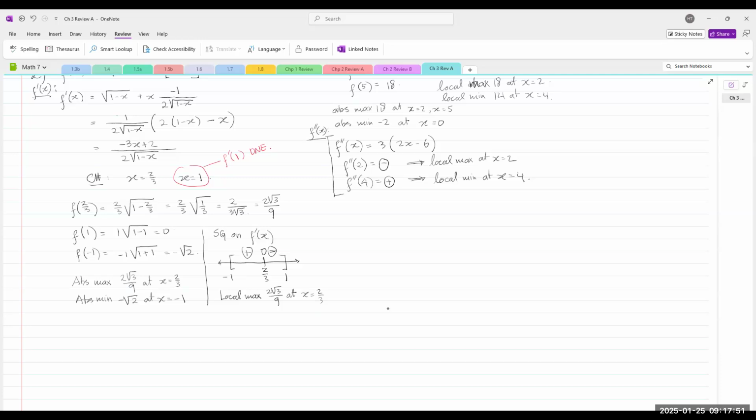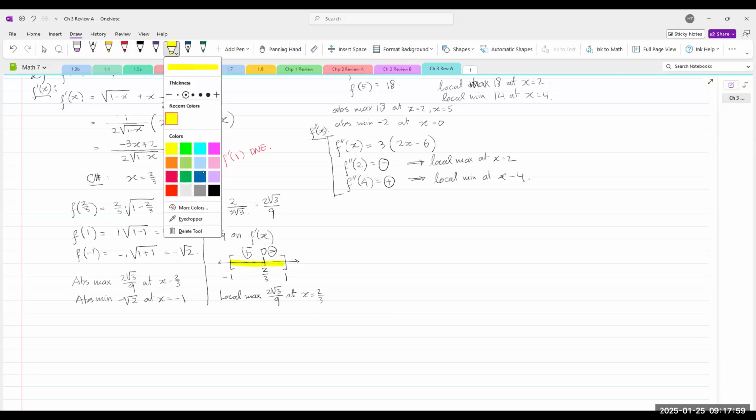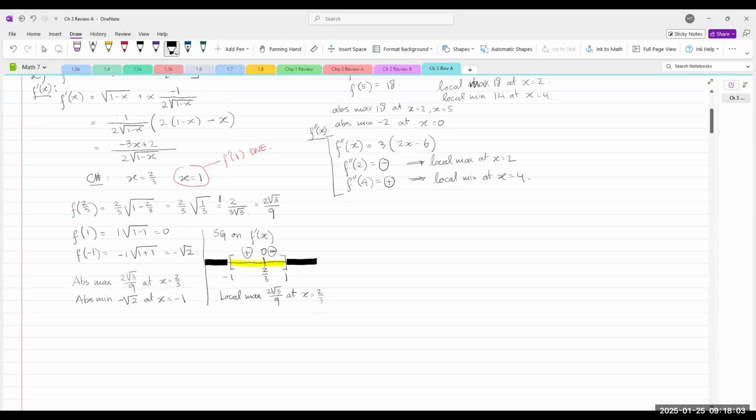Why? Because if we just look at this domain here, if we only have negative 1 to 1, we don't worry about anything to the right or to the left of that. If we don't worry about anything to the right of 1 or to the left of negative 1, then of course negative 1 is a local minimum. Likewise, 1 is a local minimum.